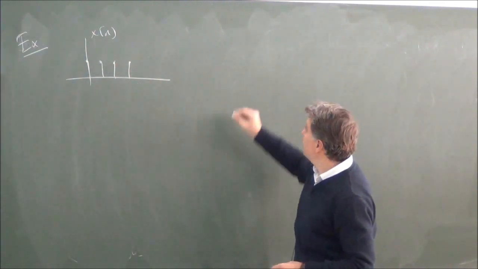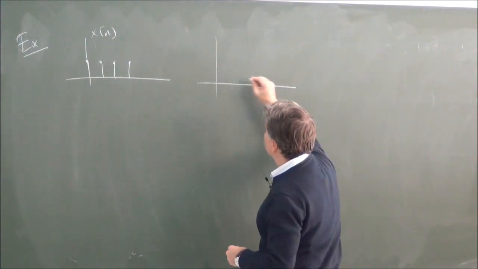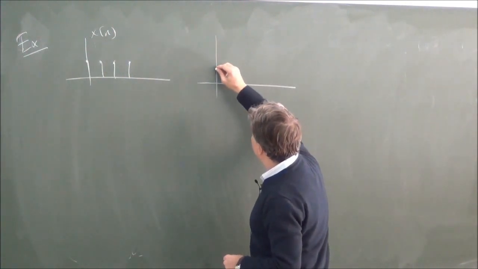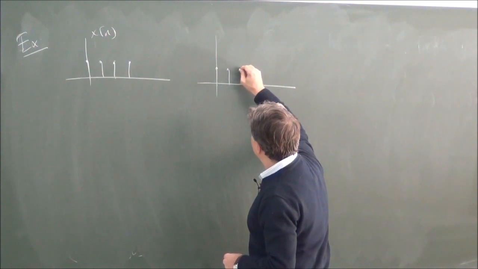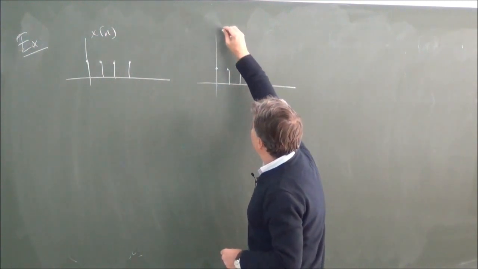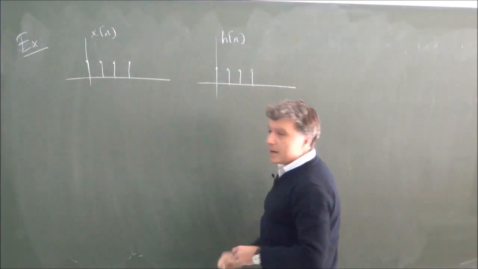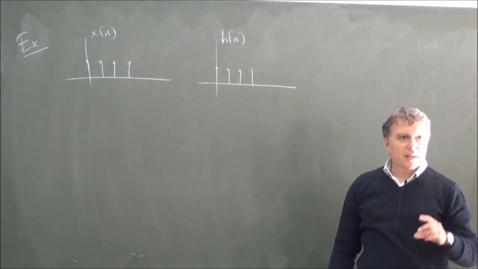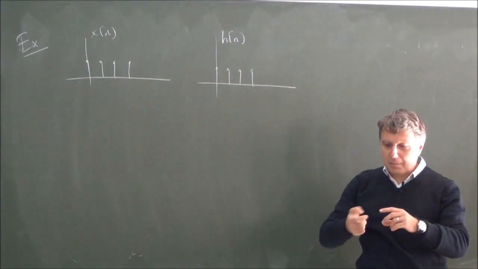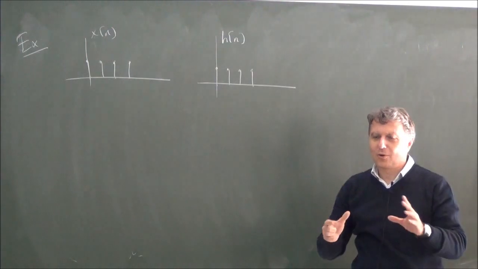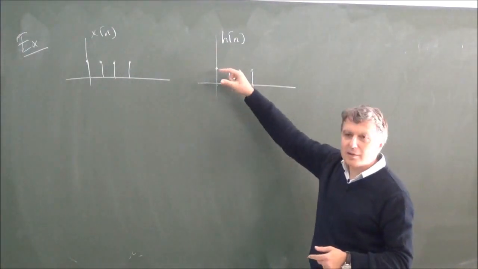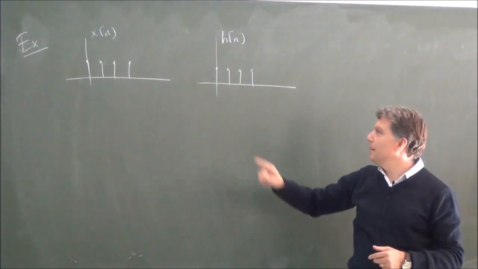this is x of n. And this is h of n. By the way, for the Java applet, there are no labels. It's just the magnitudes that you draw, and there's no label of 1, 1.5, 2, or anything.